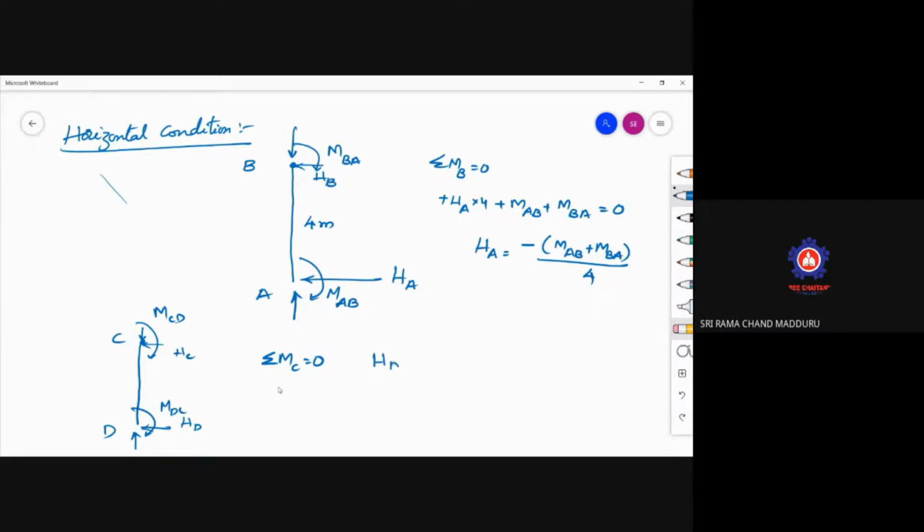HD into 4, that is force into distance 4 meters, plus MCD, where clockwise moment is positive. You are considering moment about point C equal to 0. HD into 4 plus MCD plus MDC is equal to 0. So HD is equal to minus of (MCD plus MDC) by 4.